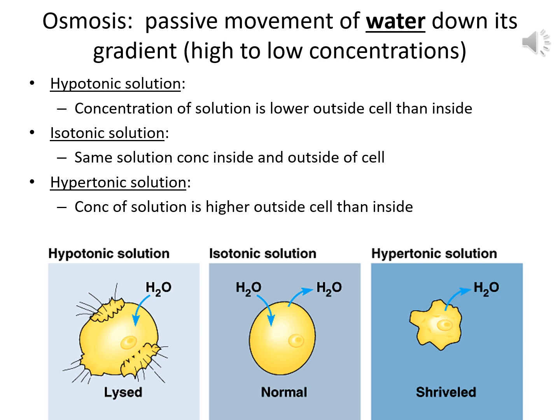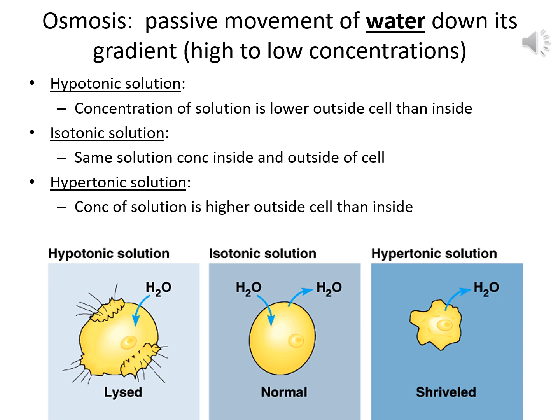In the illustration on the bottom, you see what happens when a cell or some structure with only a thin membrane, meaning no cell wall, is placed in these different solutions. If a cell is put in a hypotonic solution, the water is in higher concentration outside and therefore moves into that cell. If that cell has no ability to regulate the water fast enough, it'll explode.